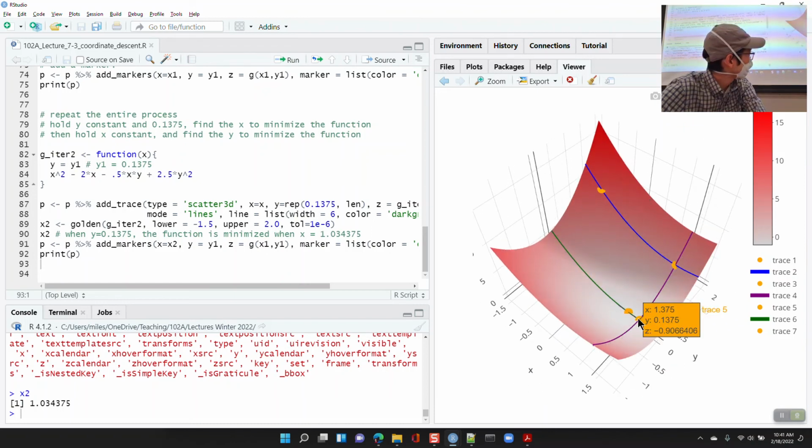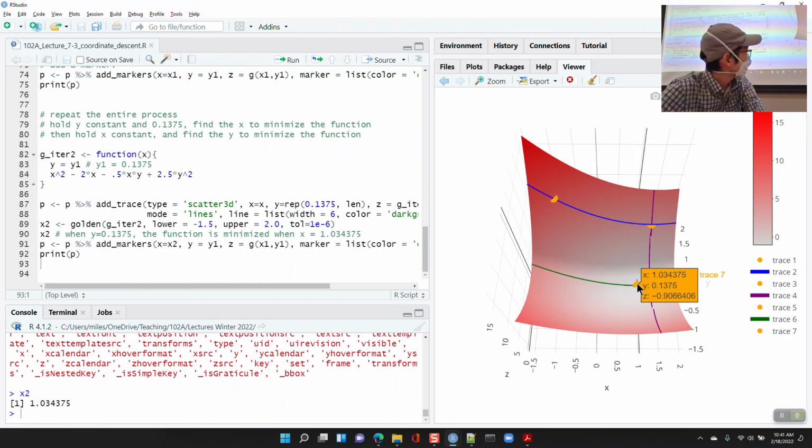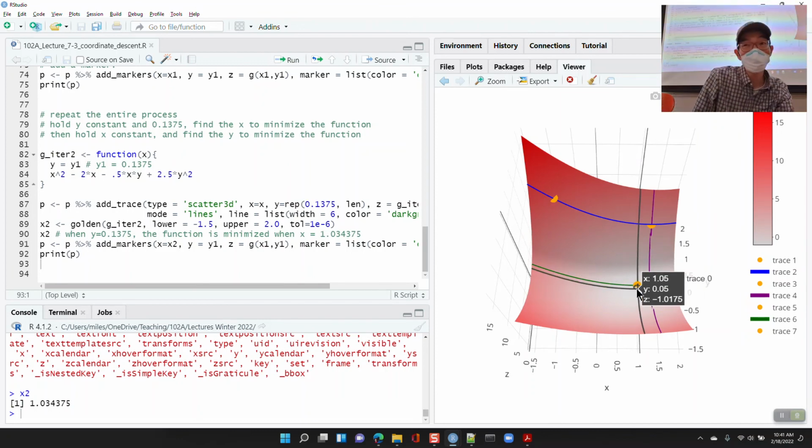And we got down to here. Now that we found here, we locked this value in, and we minimized along the green line. And then the next thing we would do is we would lock in this point, and we would trace along some traced here to minimize it, and it will probably end up just being ever so slightly different at the next point, and we would iterate repeatedly.